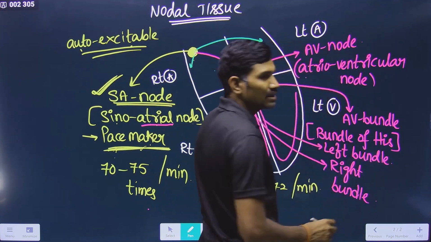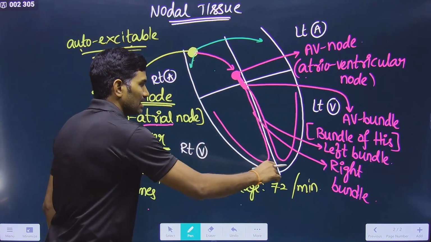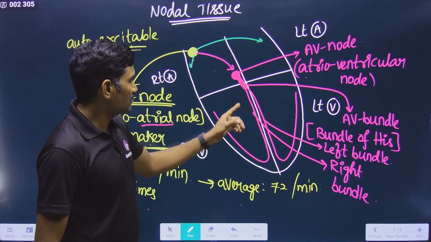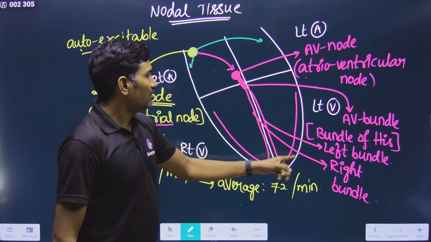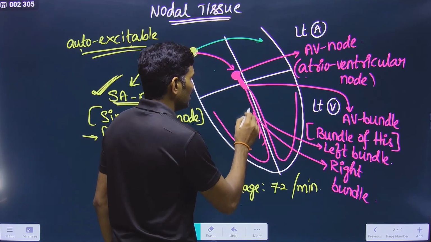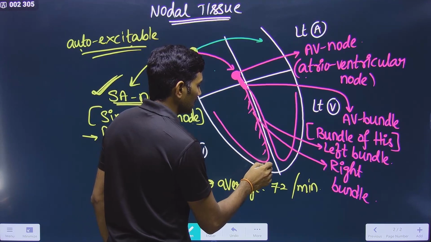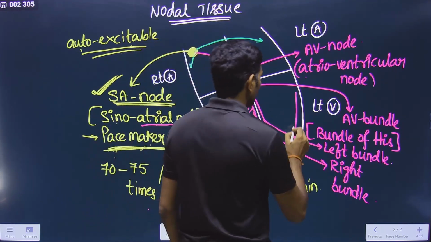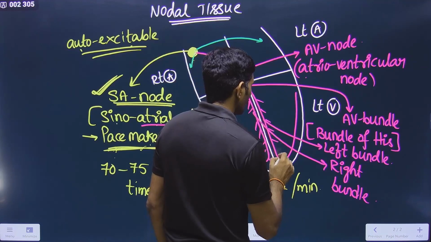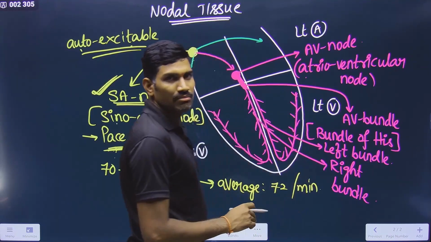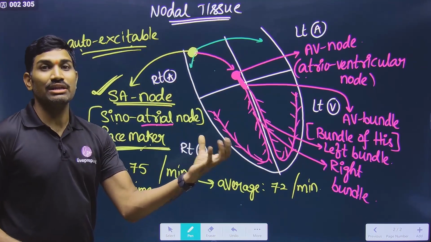So in this way, these bundles are now going into the entire ventricles. Please remember, these bundles are passing in the ventricles now. And not only this, since the information has to be given, from these again some small fine branches are coming. Please remember, the ventricles have to contract very quickly.